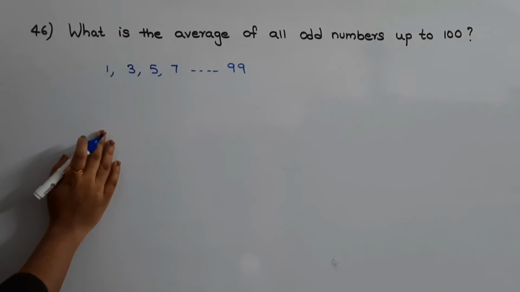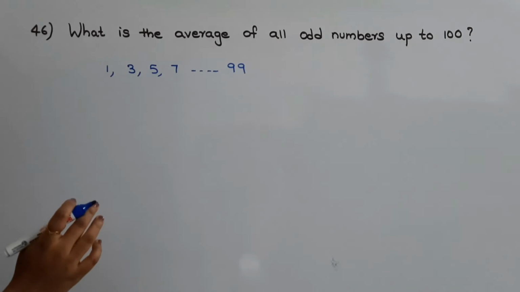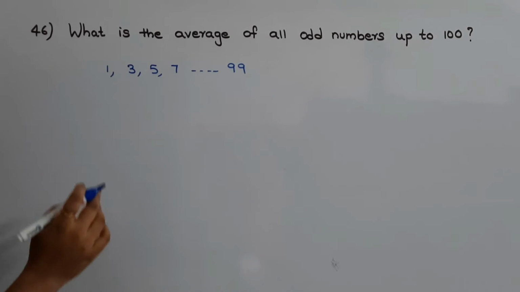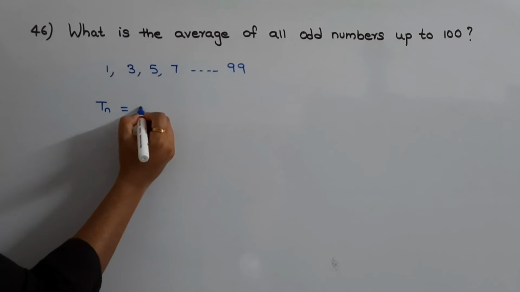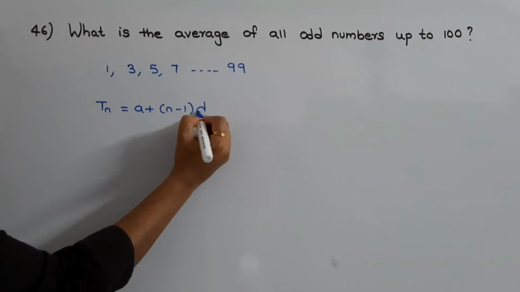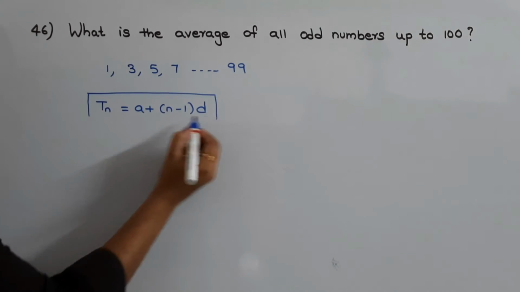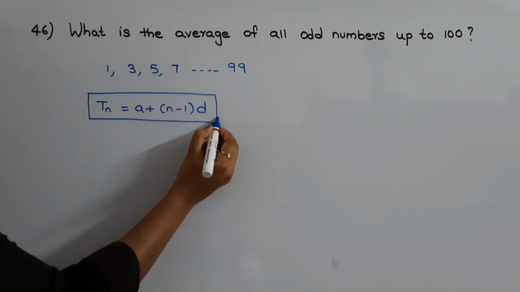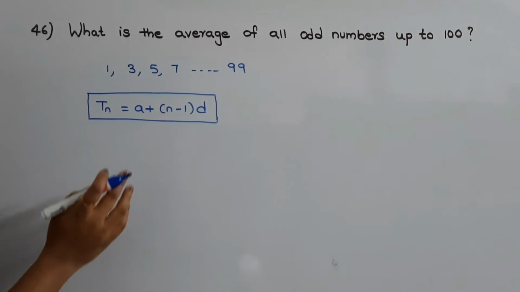So first we need to find out the number of terms from 1 to 99. For that there is a formula: Tn is equal to a plus (n minus 1) into d. By using this formula we need to find out the number of terms first.